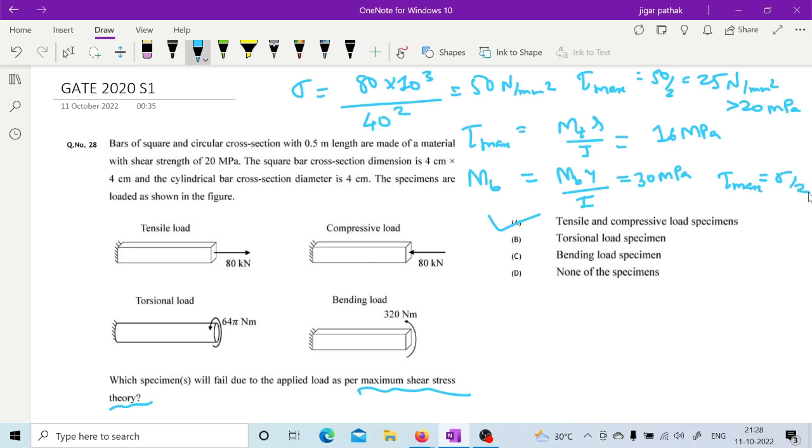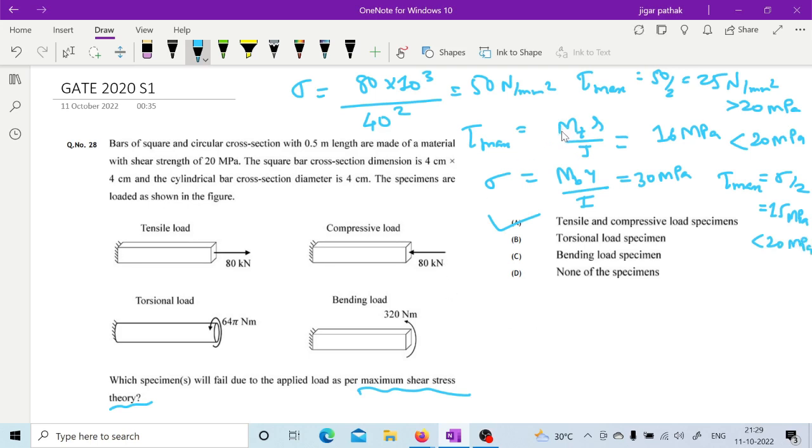This is sigma, right? This is tau and this is sigma. So this sigma is coming 30 megapascal, but when you go for tau max, it will be sigma by 2, so it is 15 megapascal, so it is also less than 20 megapascal. Right, here also less than 20 megapascal.